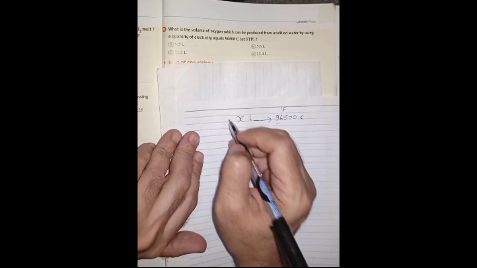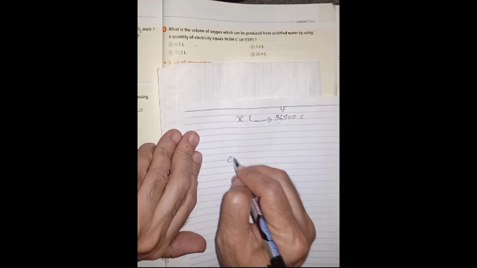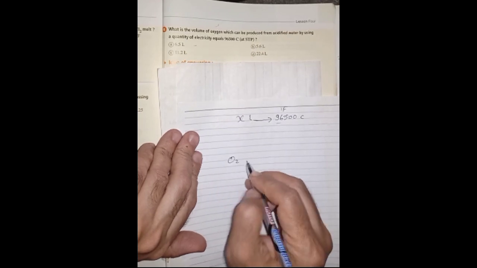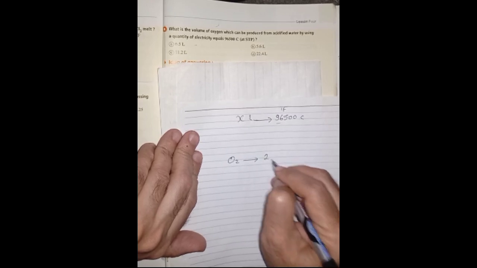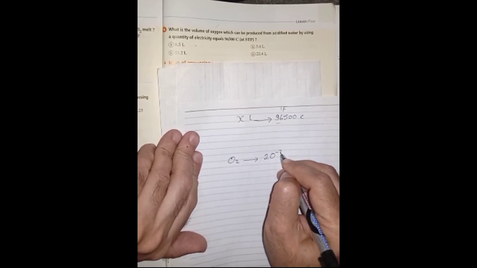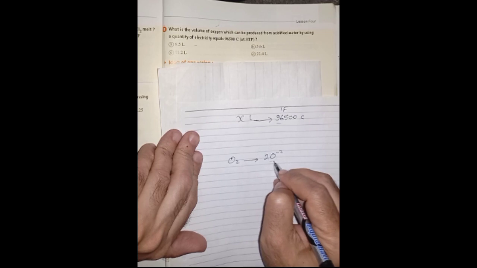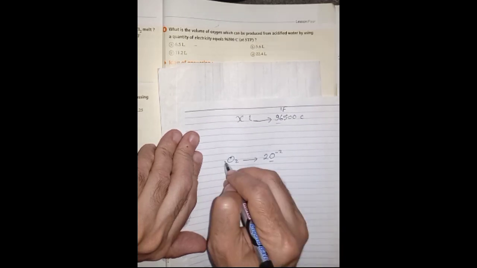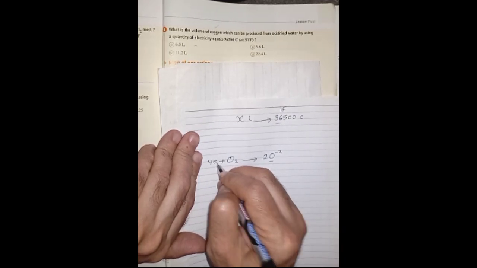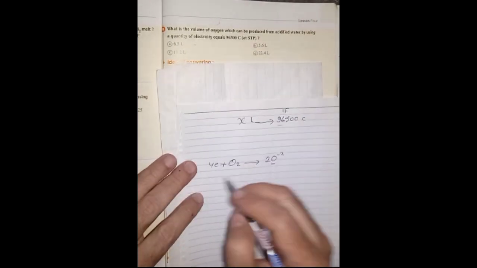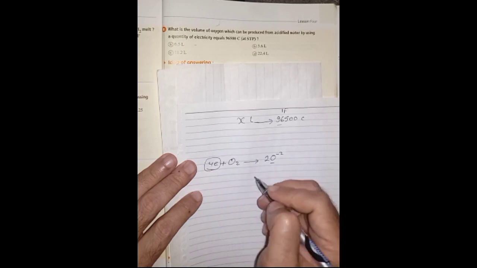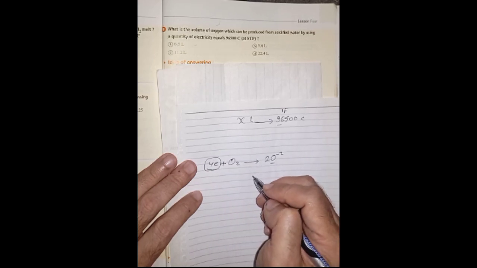So let's speak here. Oxygen 2 will be produced by 2 oxides. So 2 oxides have 4 electrons. It is not important whether we oxidize oxygen or reduce oxygen. We want to know the amount of electrons used in moles.